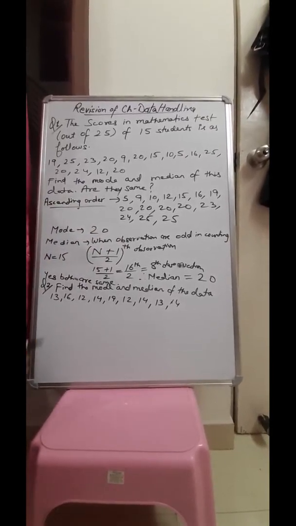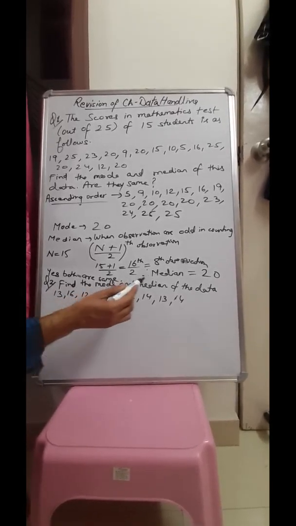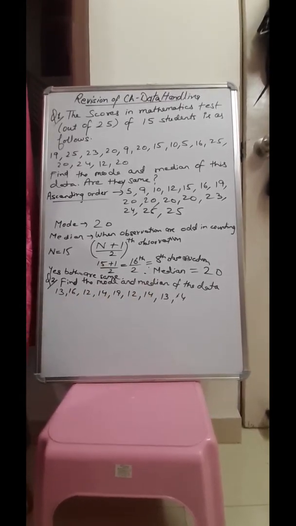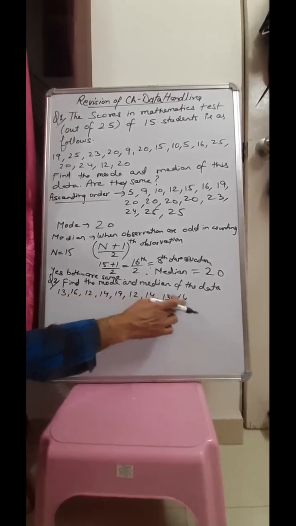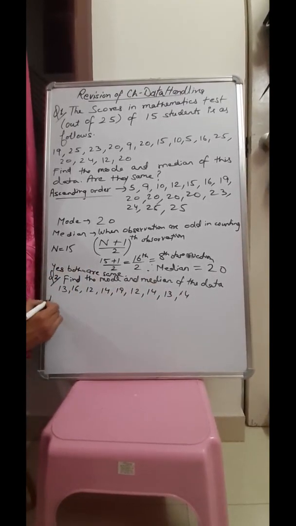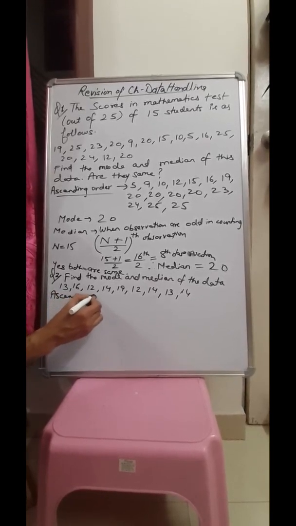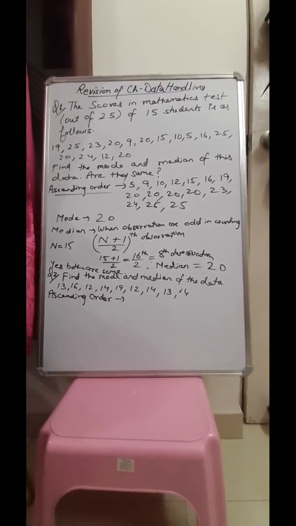Now next, question number 2 is again find the mode and median of the data. Here once again we have been given data, and here 1 2 3 4 5 6 7 8 9. So these are your 9 observations. The first step is always to arrange the data in ascending order.